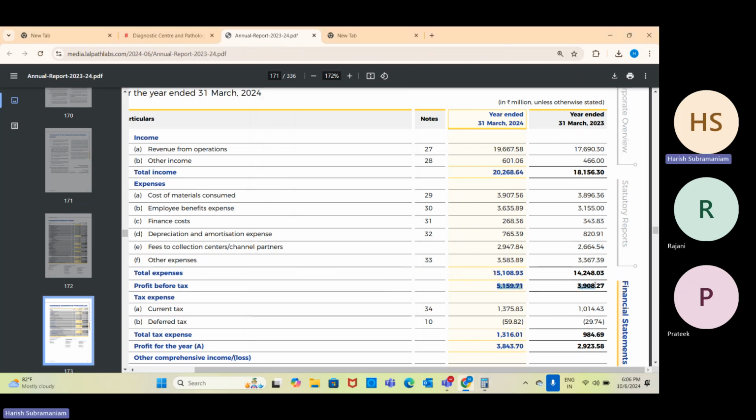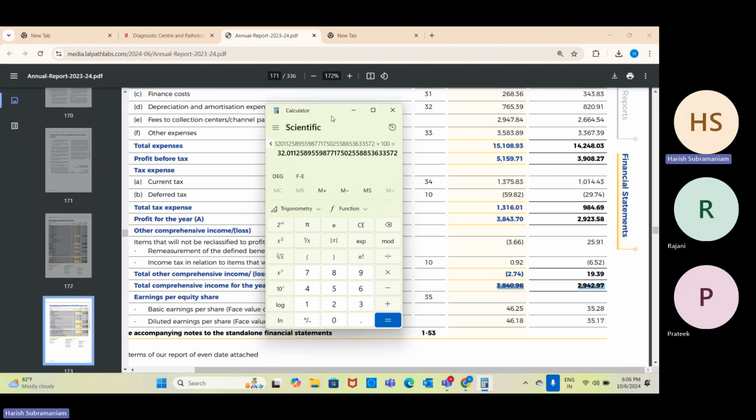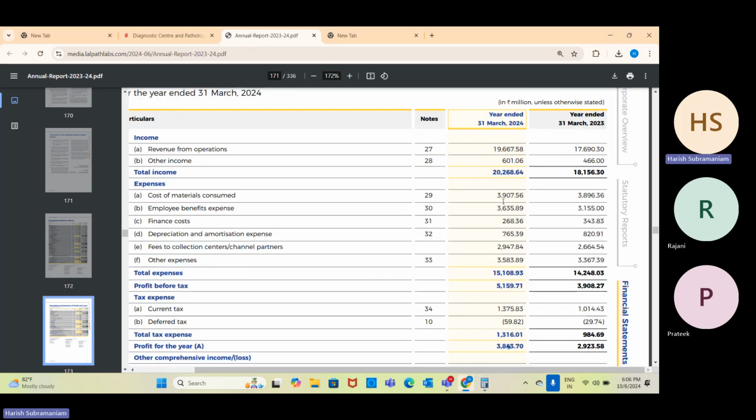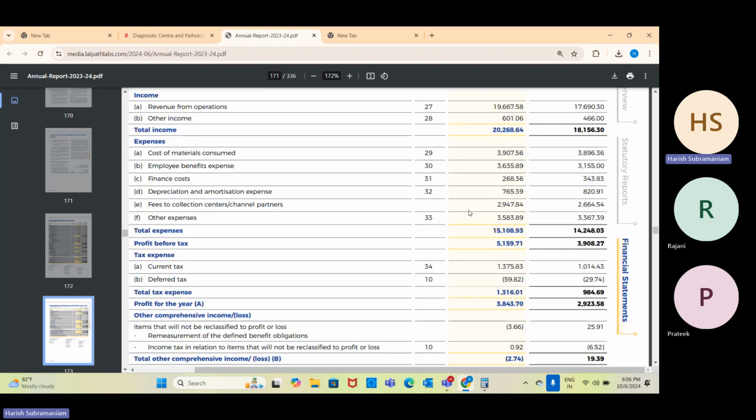So this is the profit before tax. This is the kind of growth that the company has had before tax. And then the final total comprehensive profit right at the bottom over here that we see, it's approximately 30%, right? So revenues have grown by about 10-11%, but profitability has grown by approximately 30%. That is what we see over here.